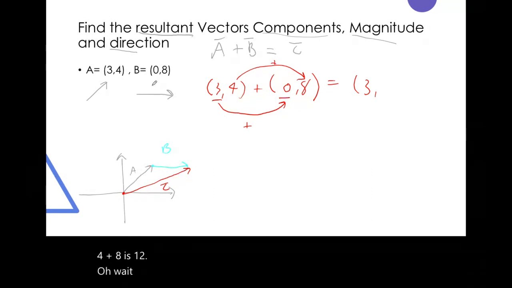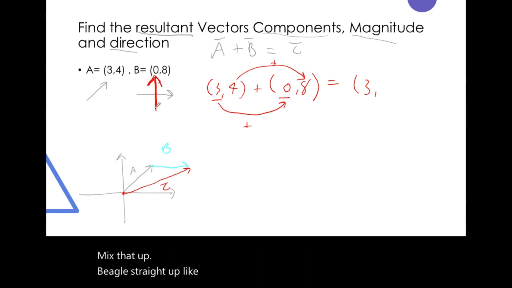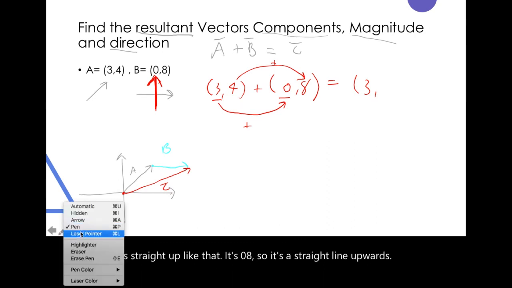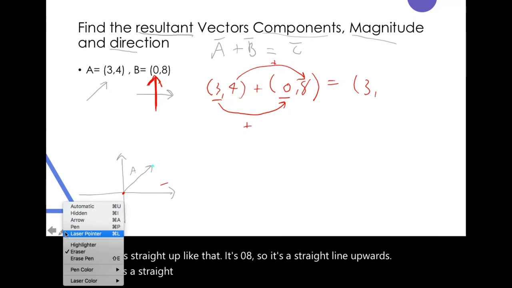Oh, wait a minute. I made a slight mistake. B actually goes straight up like this, right? I mixed that up. B goes straight up like that. It's (0, 8), so it's a straight line upwards.